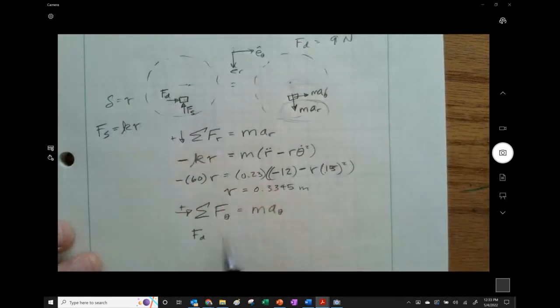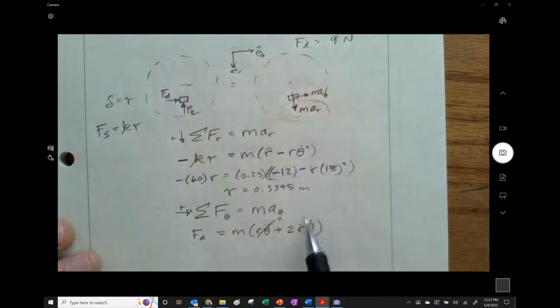And there's no other forces in that direction, and they're going to have mass, and the acceleration here is going to be r theta double dot plus 2 r dot theta dot. But good for us, that first term is going to be 0. So we didn't actually need to know that r, but a more difficult question would be to find out what r dot was.